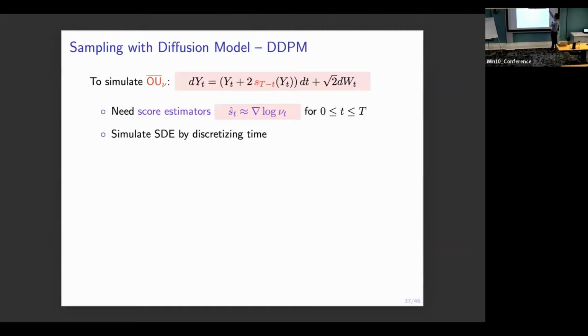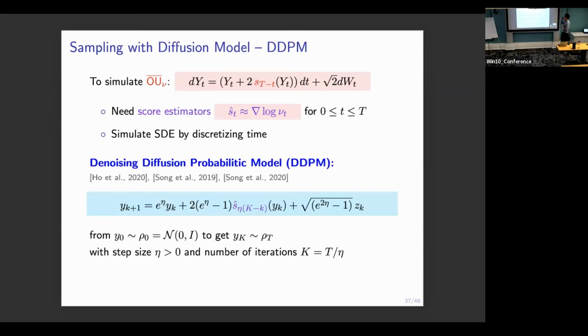So for that, well, there can be multiple ways of doing this, but typically we replace this score function by some score estimator, and then we discretize time to simulate the SDE. And if we do that, then we get this algorithm, which is called, well, various names, but this one is called the DDPM. And this is the formula for this iterate YK. Really, this just comes from integrating this SDE.